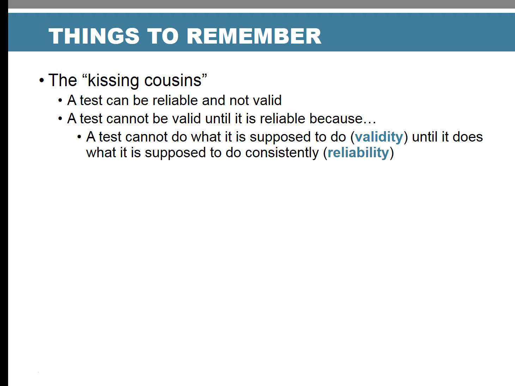So we have to have consistency before we can have a test that is accurate. But on the other hand, we can have a test that is reliably inaccurate. We could have a scale that is 10 pounds off, but it tells the measurement 10 pounds off every time. So that scale is actually reliable, but it is not valid because it's not an accurate result.